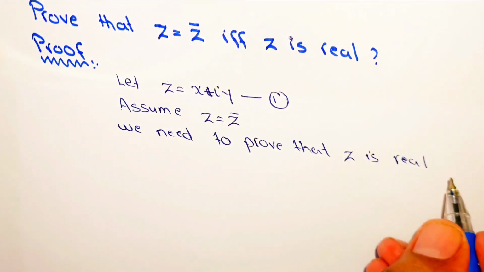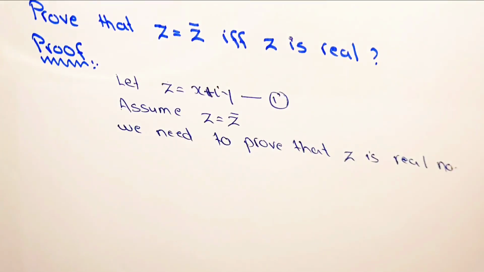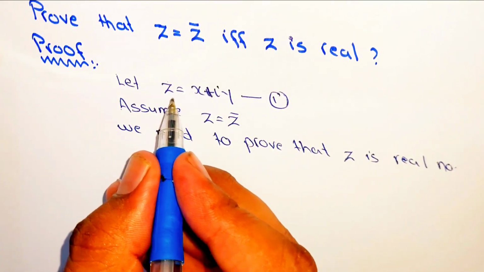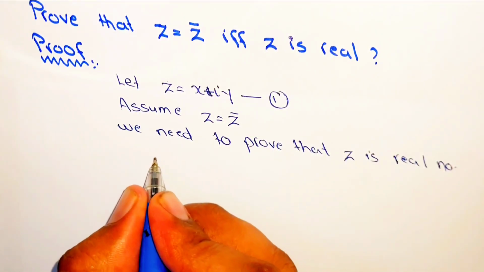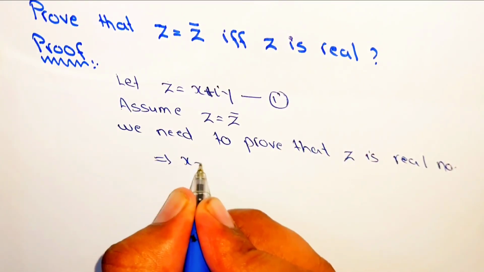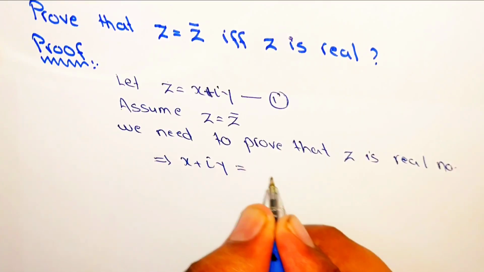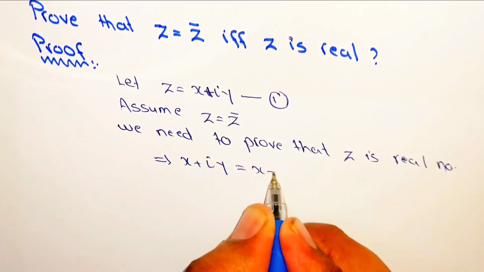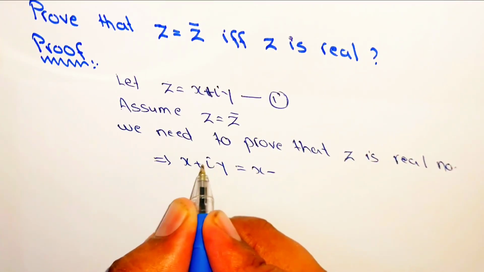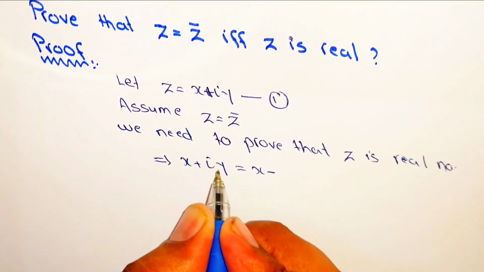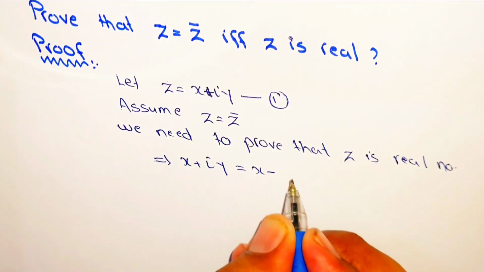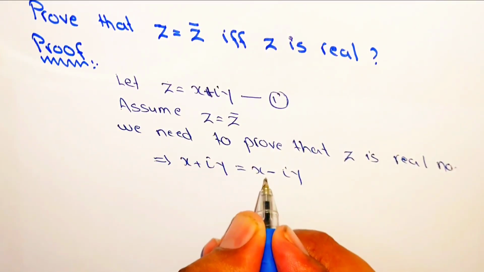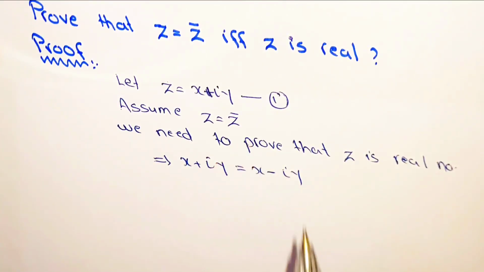As z is equal to z bar, and we know z is x plus iota y, this implies that x plus iota y is equal to the conjugate. When we take the conjugate of a complex number, the sign of the imaginary part will be changed, like x plus iota y will change into x minus iota y. So this is the value of z, and this is the value of z conjugate.